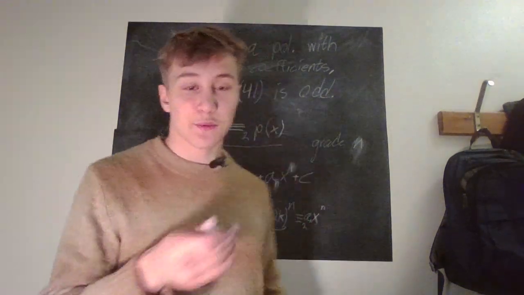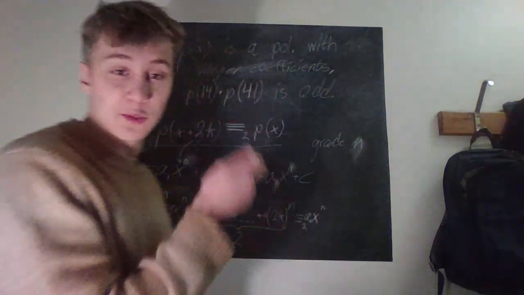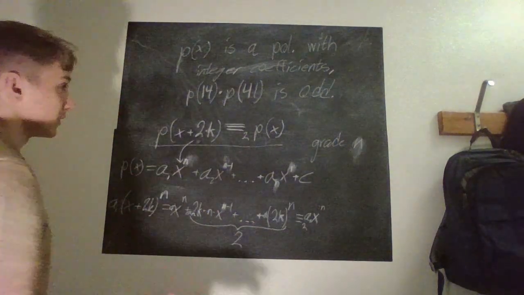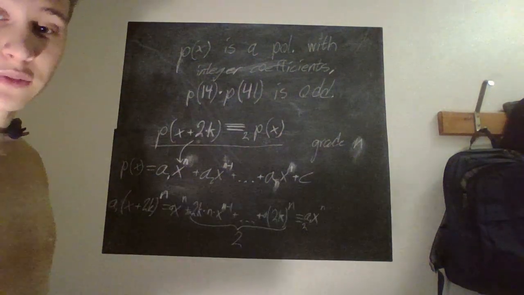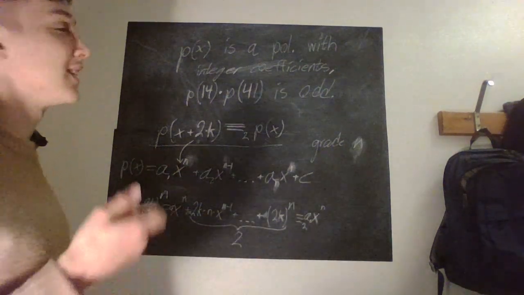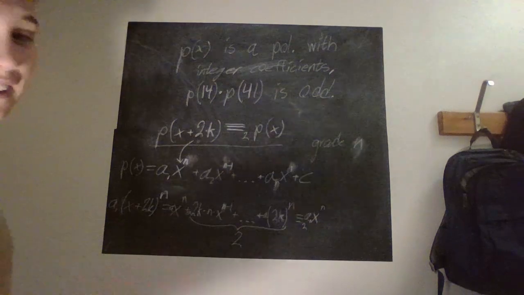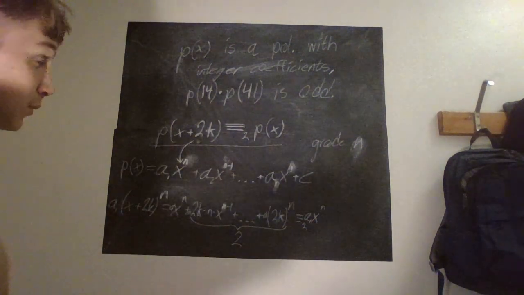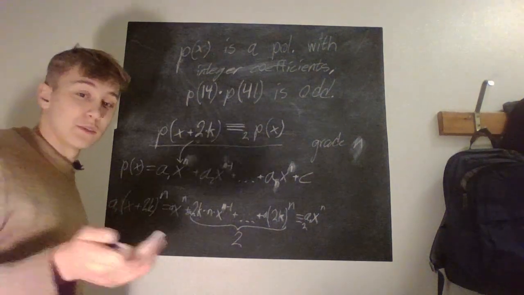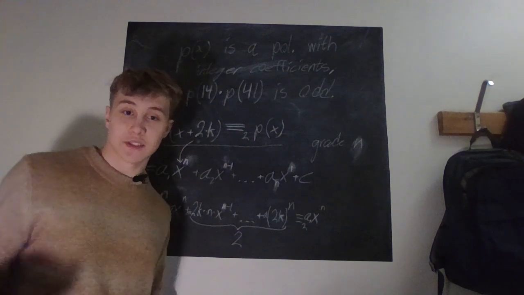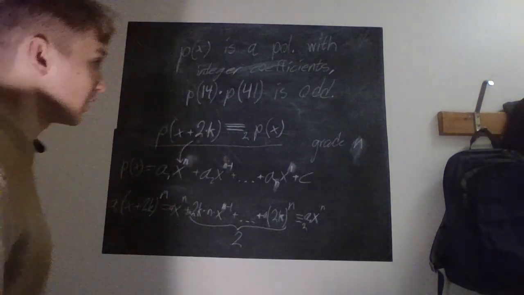So therefore, every possible integer input into p gives us an odd value in return. No integer yields 0, because every integer yields an odd number, and 0 is not odd.